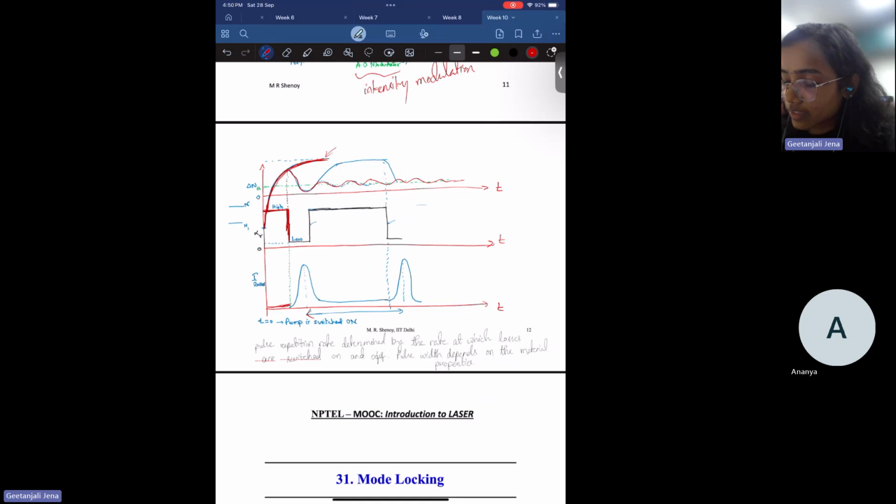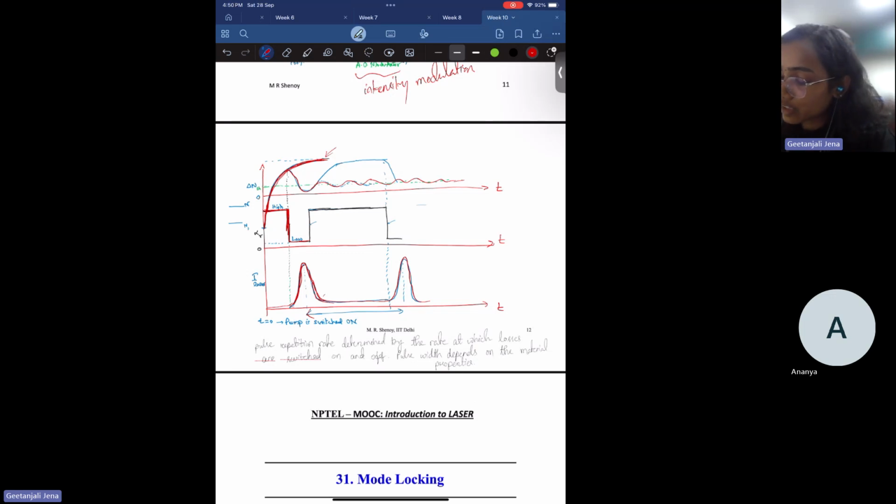So there is no laser output. Now when alpha R, the resonator loss coefficient, or the losses inside the cavity, is low, then we'll see a pulsed output through this system. And in this way you see a pulsed output from this laser system.